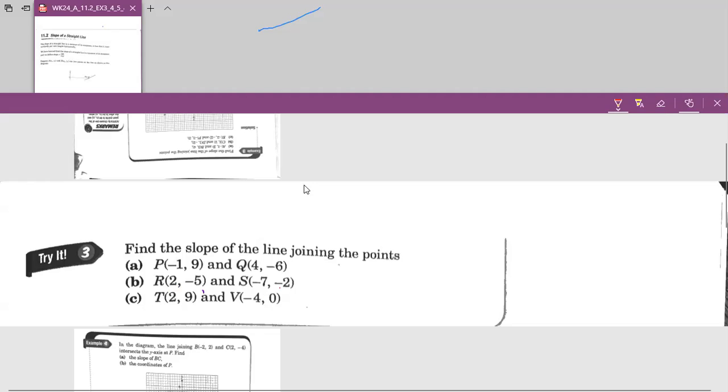Again, we have the formula for the slope will be y2 minus y1 over x2 minus x1.